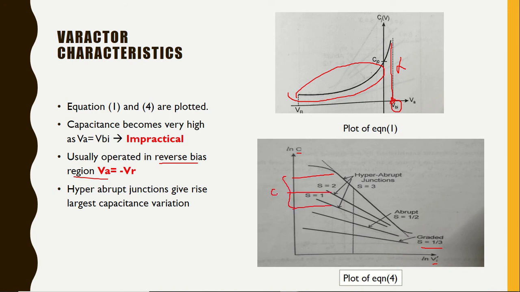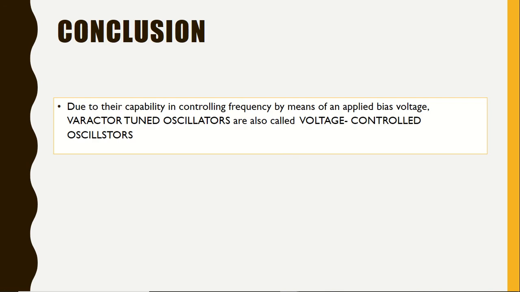So we will try to design the doping profile in such a way that we achieve a hyperabrupt junction, and in turn we get a very large capacitance variation. When we achieve a very large capacitive variation, an equivalent large variation of frequency of oscillation can be achieved.